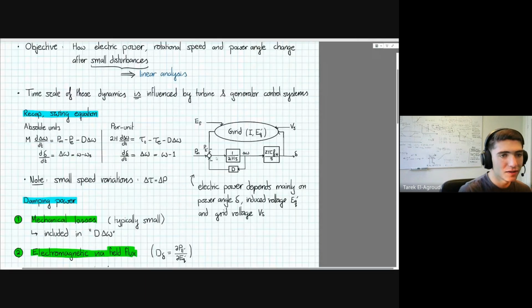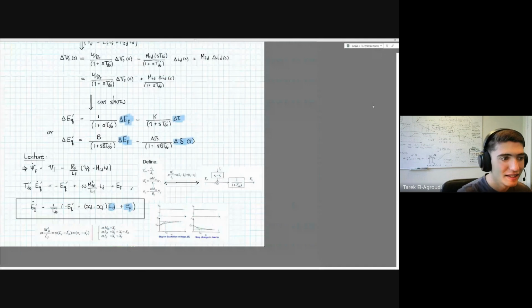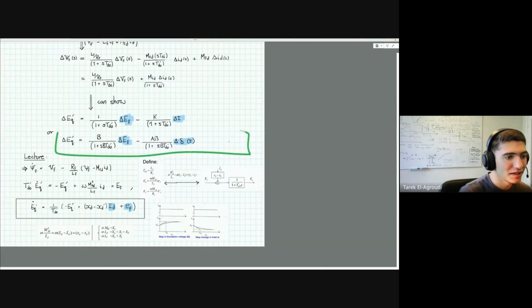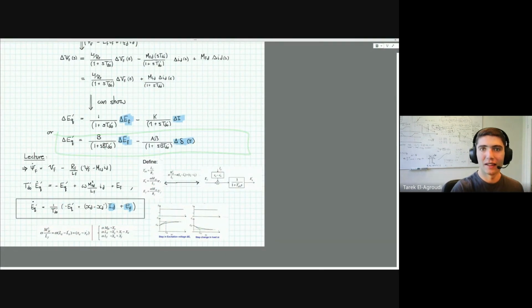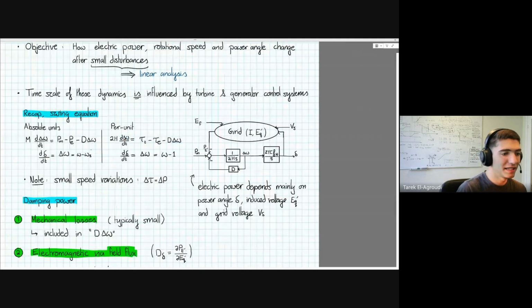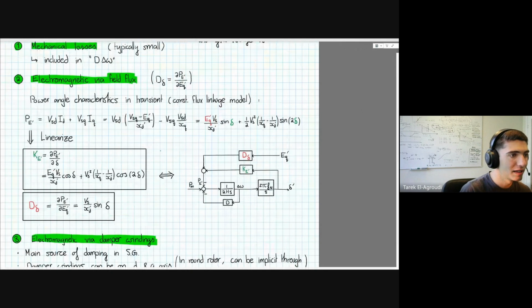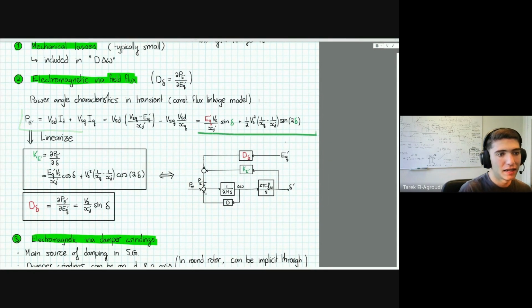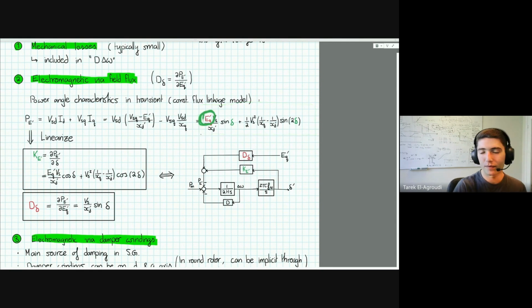There is also this rotor flux dynamics. In this equation here, the dynamics of this transient EQ actually have some sort of damping effect. So it can be called a type of damping power. In a linear setting, the way you would deal with that is, you have your equation for your electrical power here, and it is a function of this EQ dash.